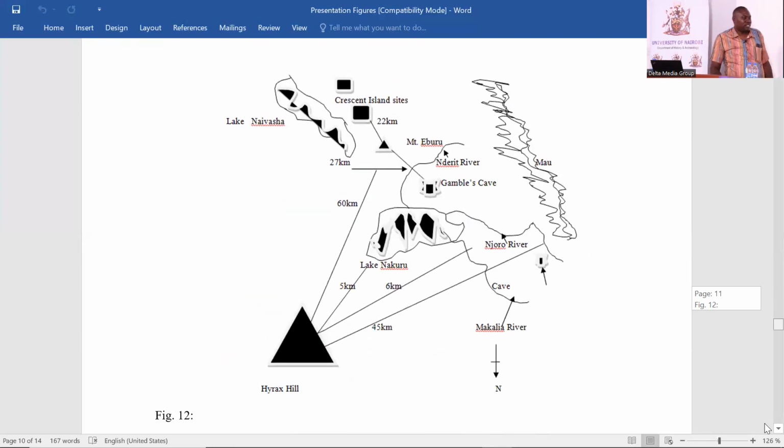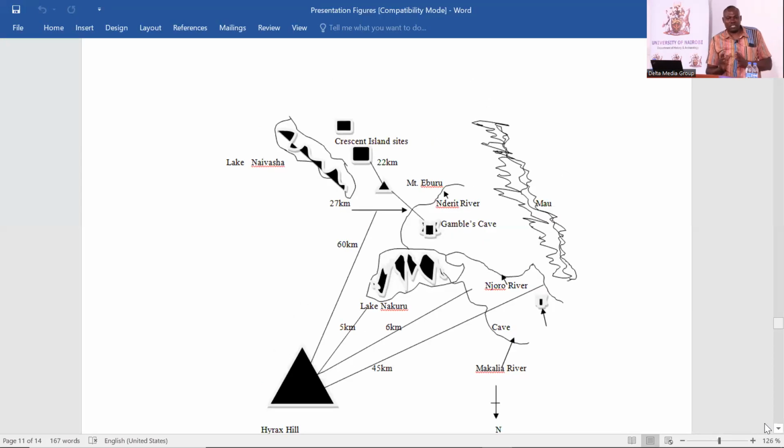If you look at this illustration here, this is now understanding space use from a macro perspective. In fact, this is an analysis, a study of the entire Central Rift, or perhaps the Naivasha-Nakuru Basin. This is the Iraq's Hill. I take it as the reference point.